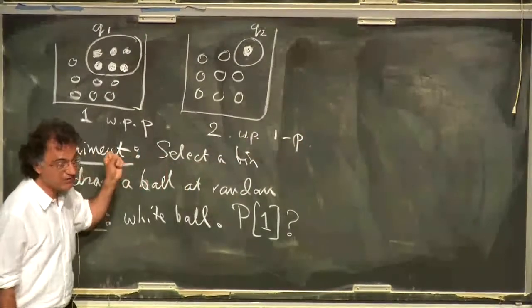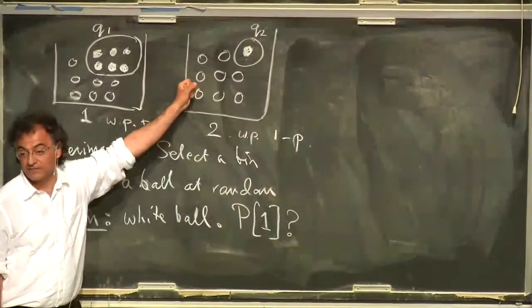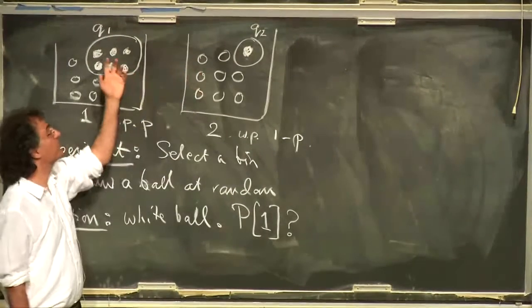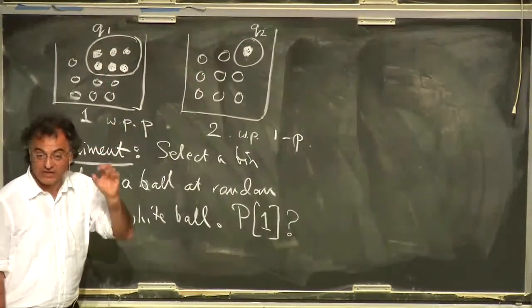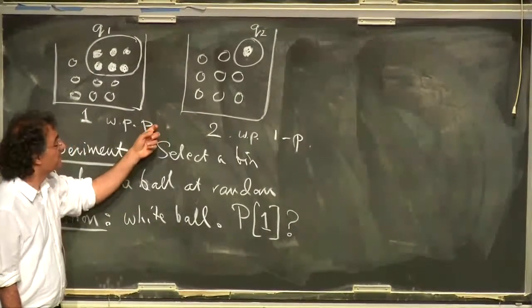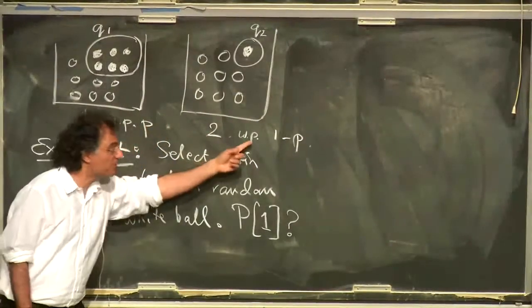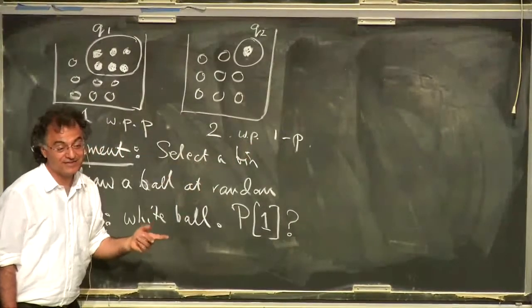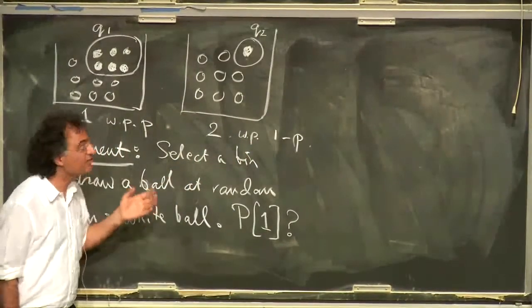So we just reached into one of these bins at random, and we drew a ball at random. Then we happened to see it's white, and now we want to know, given that we reached in with these probabilities, what's the chance that what we actually picked was bin number 1?